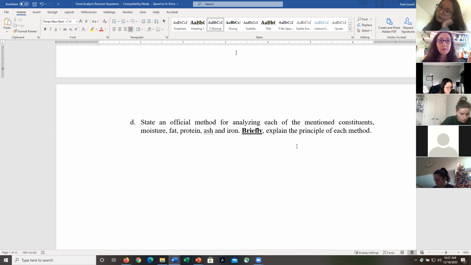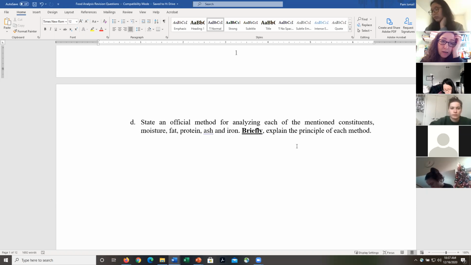So Dumas: the sample is combusted at high temperature, the gases get scrubbed off, and nitrogen oxides get reduced to nitrogen. You don't have to remember that. Just say nitrogen is then analyzed by a thermal conductivity detector.